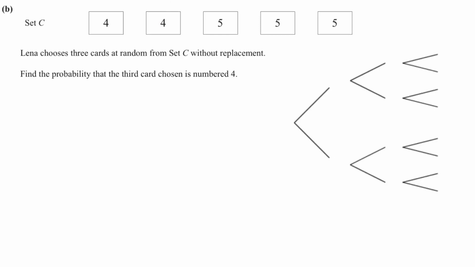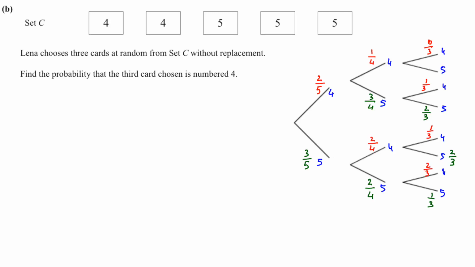And the first one, let's just write the number. This is 4, 5, 4, 5. And now we are going to write down the probability. So I have written down the probability of all the branches. Let's just go through it. If the first card is 4, the probability of it will be 2 over 5 because there are 2 4s.